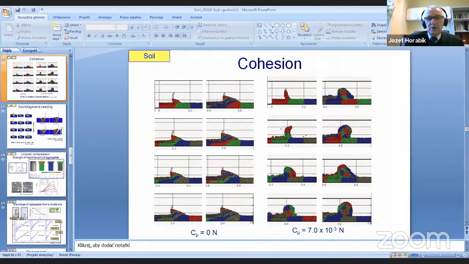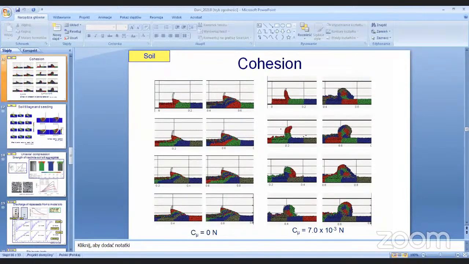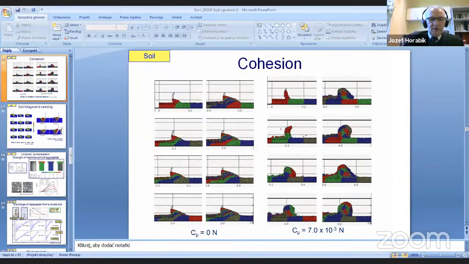Okay, I switch to slide number 17. Can you see slide number 17 right now? We saw slide 16. I'm sorry again. I don't know what is wrong with my computer.